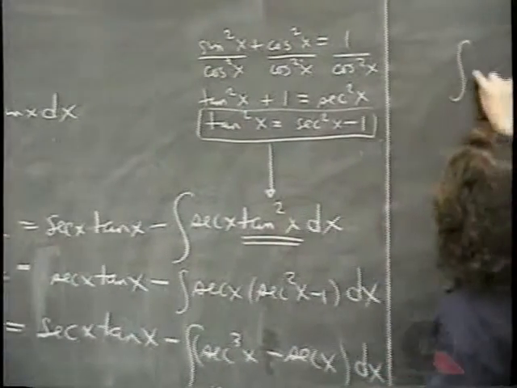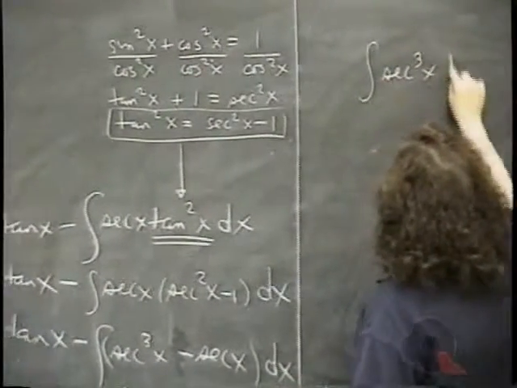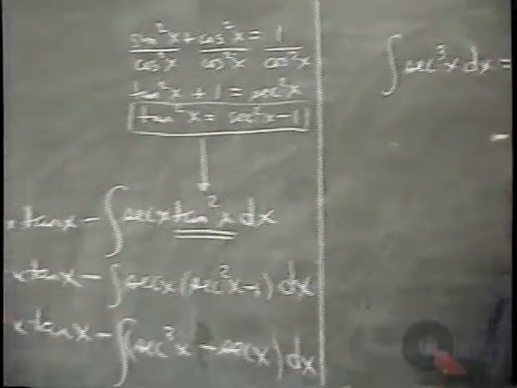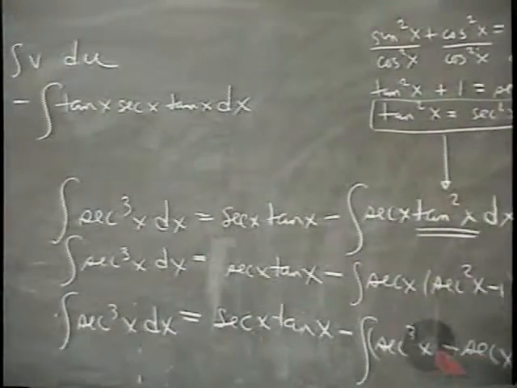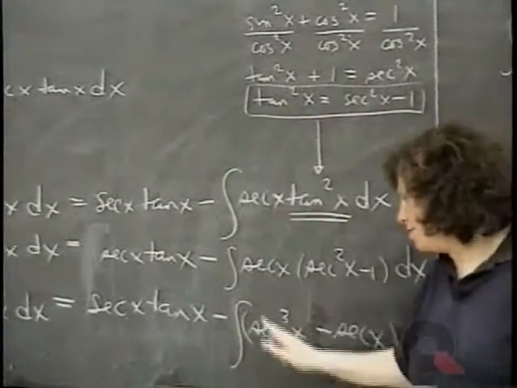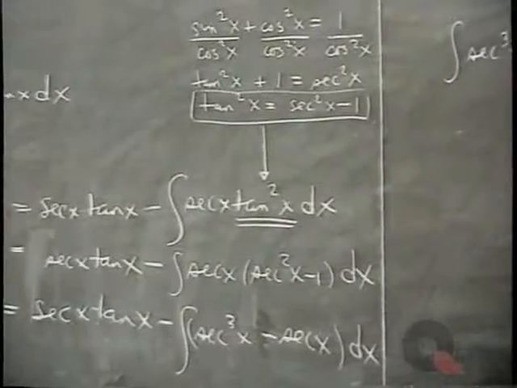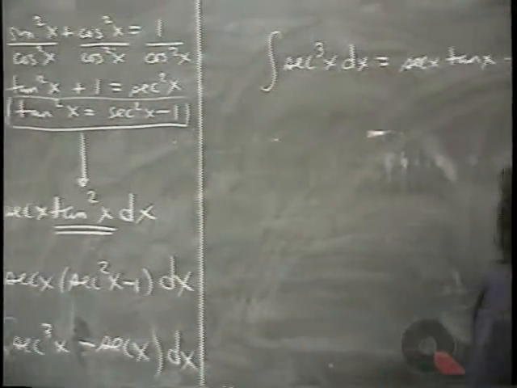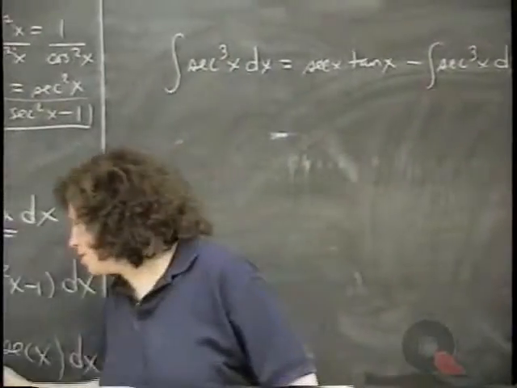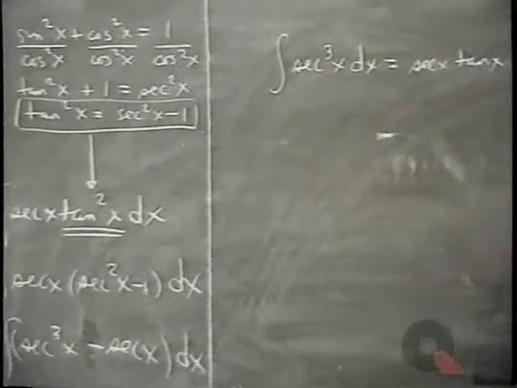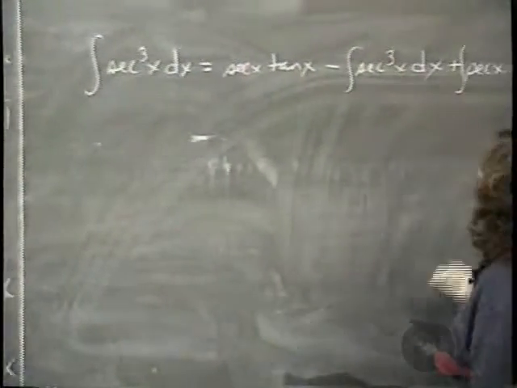The integral of secant cubed x dx is secant x tangent x. Now, let's break this up into two integrals. Minus the integral of secant cubed x dx, minus a minus, plus the integral of secant x dx.